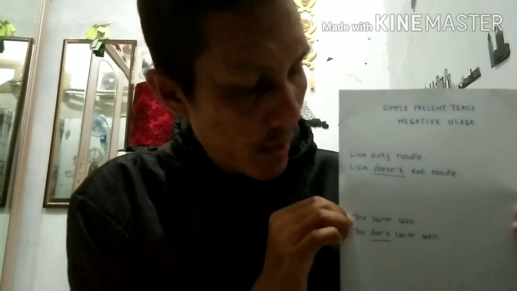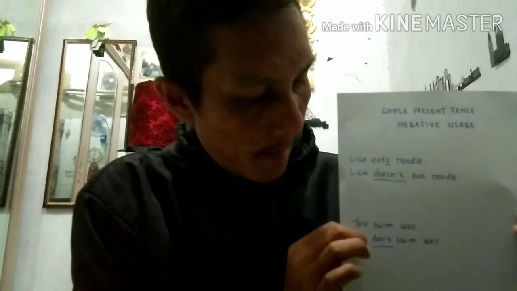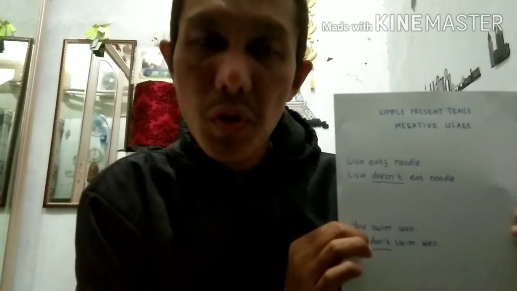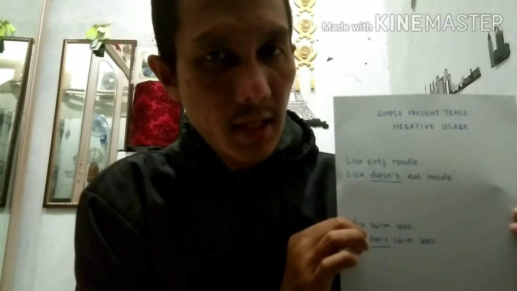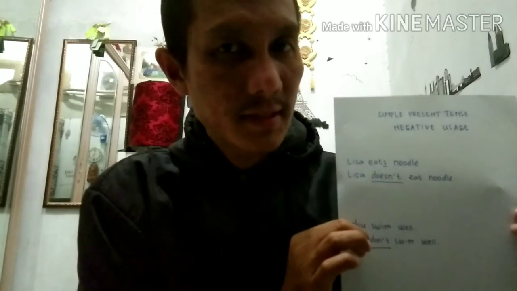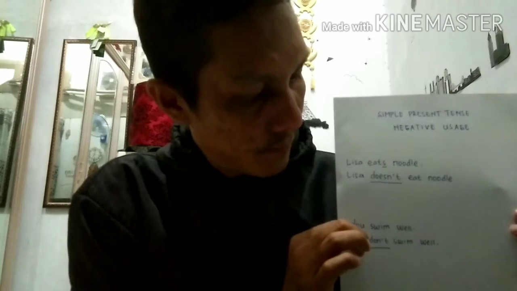Next. You swim well. What will happen if I turn it into a negative sentence? You don't swim well. Why do I use don't here? Because the subject is you, they, or we. In simple present tense, we must use don't for a negative sentence.